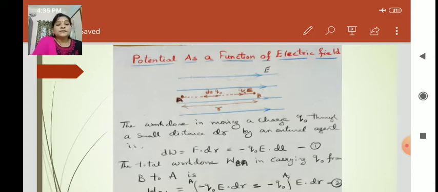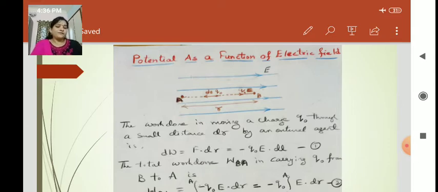So the work done in moving a charge Q naught through this small distance dr by some external agent is given by, we know that work is nothing but the scalar product of force and displacement.